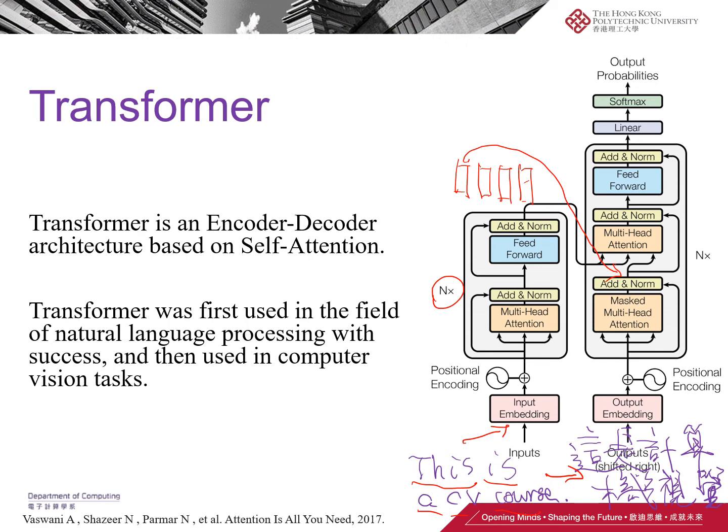By the way, this on the left is called the encoder part because it's encoding those words into vector representations. And in the decoder part, we have to decode the feature vectors into words. So in that case, we will use this as an input, and for each of them, we can decode one word.